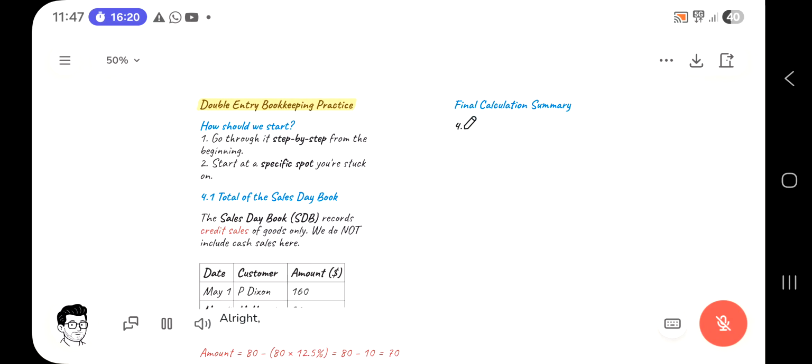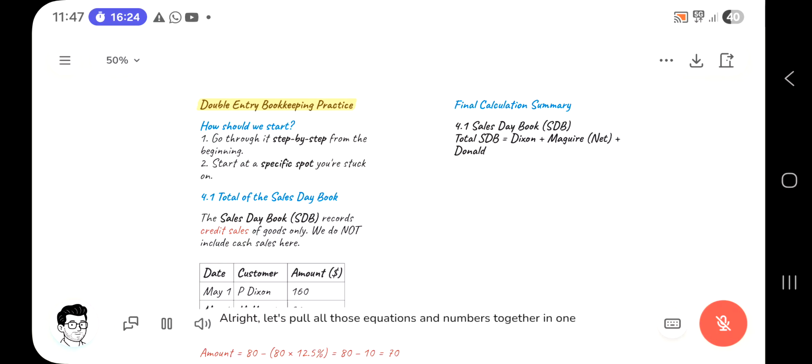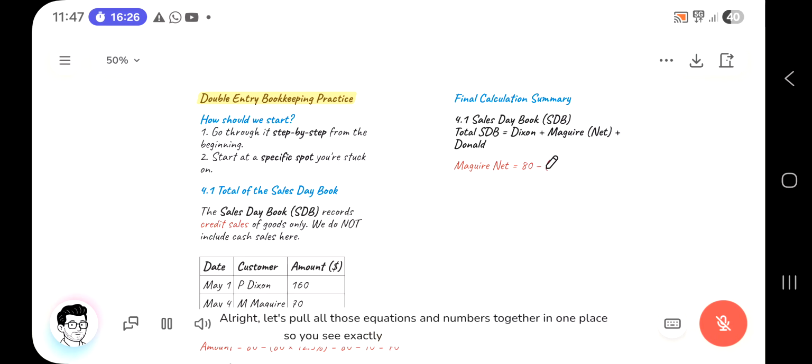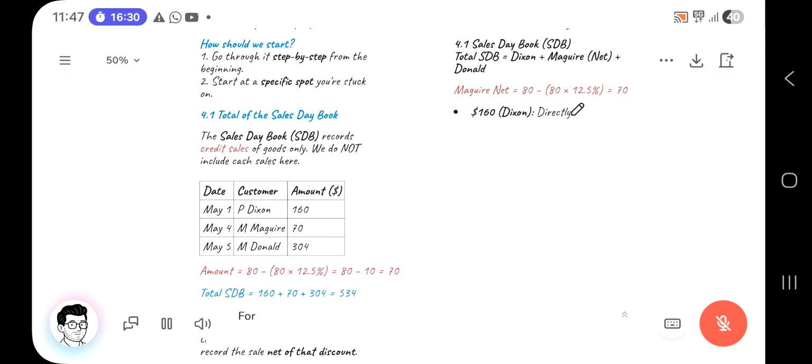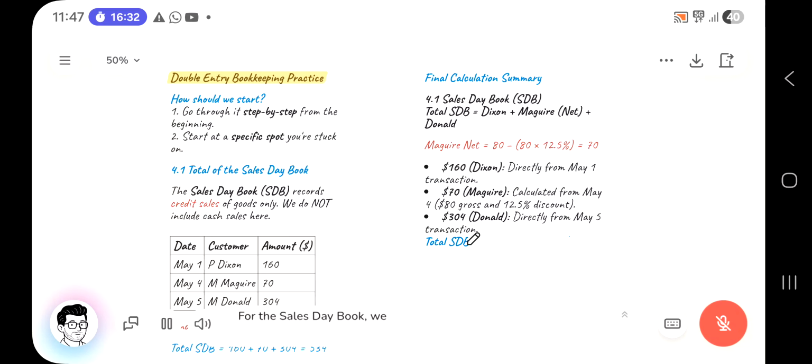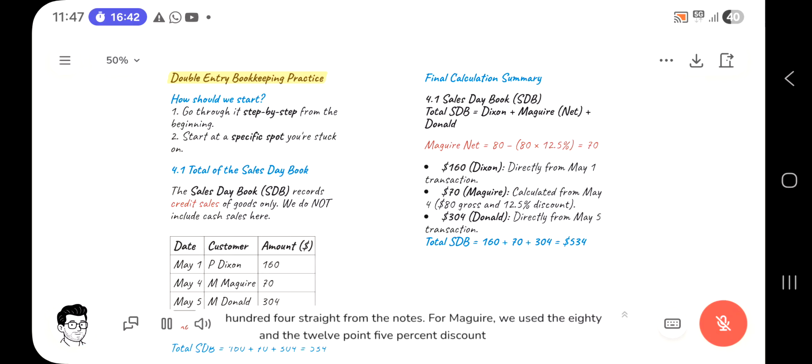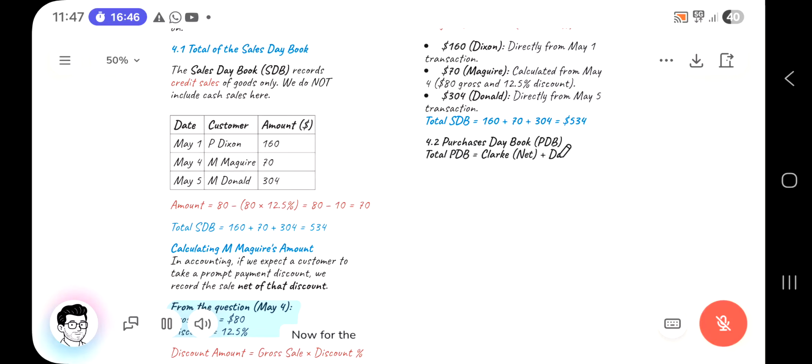All right, let's pull all those equations and numbers together in one place so you see exactly where everything came from. For the sales day book, we took the 160 and 304 straight from the notes. For McGuire, we used the 80 and the 12.5% discount to get 70. Now for the Purchases Day book, same deal.